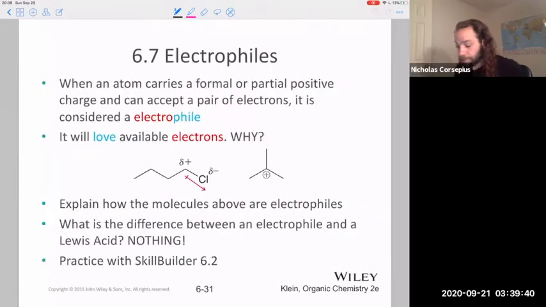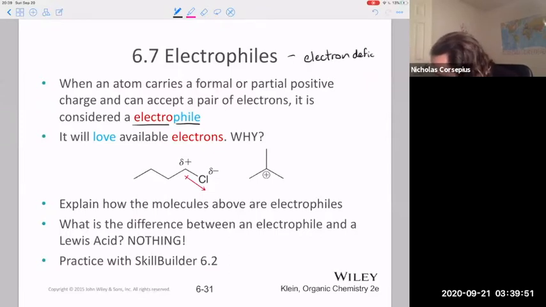So what's an electrophile? That's just the exact opposite. It's an electron lover. Okay, so this is an electron deficient species. This is something that really wants electrons. So how do you get electrophiles?